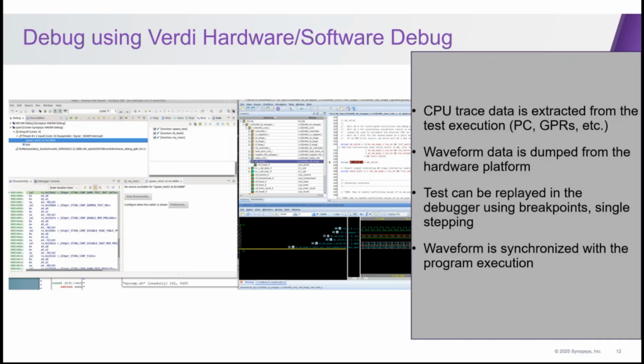When we debug a failure, I work with different teams, even our internal teams, like the ARC and RISC-V teams. Software engineers usually debug it like with GDB, right? Not GUI.